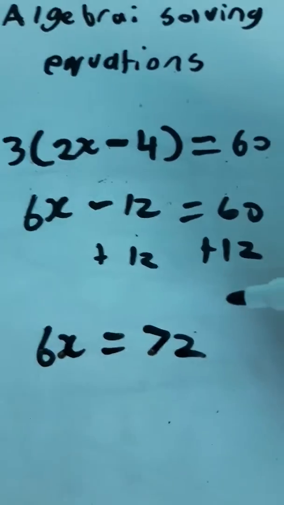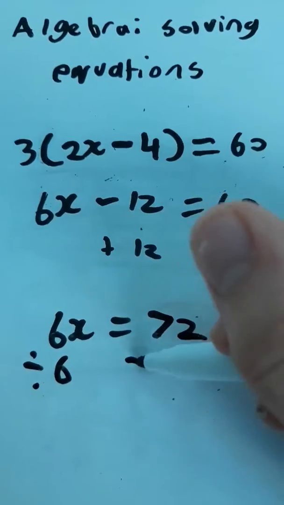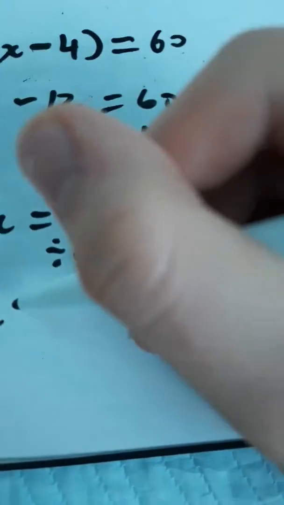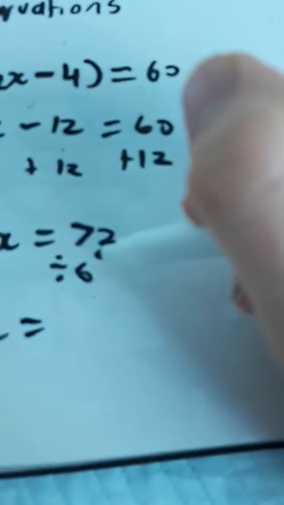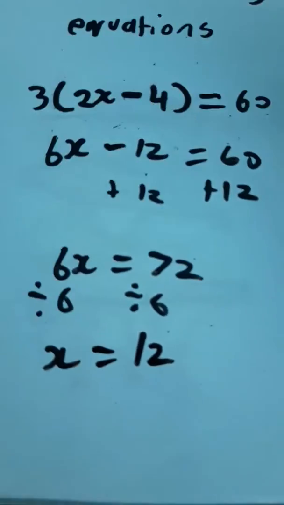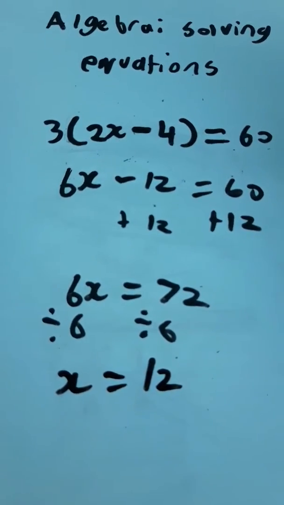So 6x equals 72. Now you want to get rid of the 6, so you divide by 6. And that'll just leave you with x equals 12. And that's your answer. X equals 12. And let's look at another example.